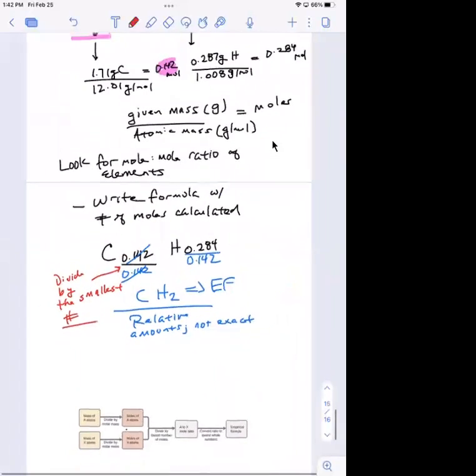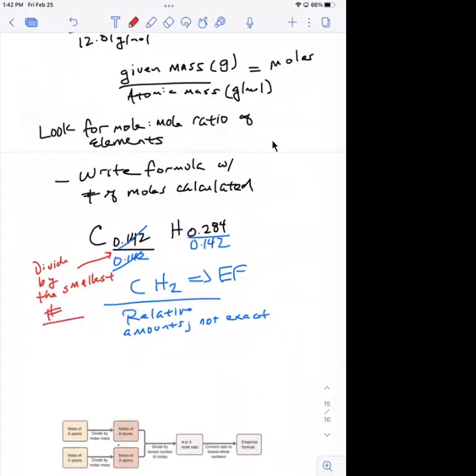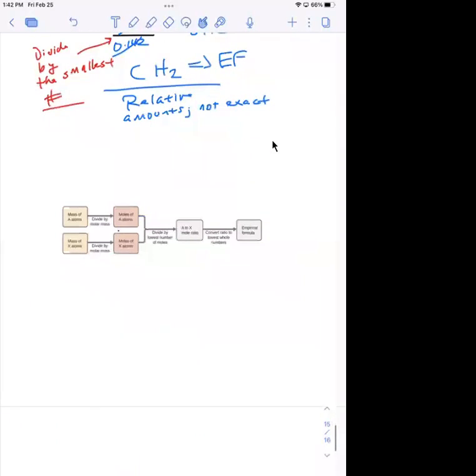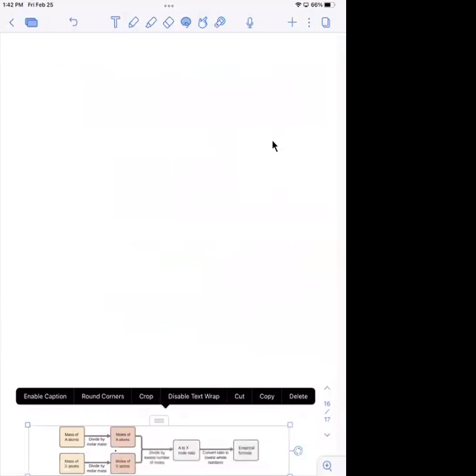So we divided both by 0.142. We ended up with the empirical formula CH2. And again, keep in mind the empirical formula is a reduced form of the molecular formula. So it's not the exact number of atoms, it's a relative number of atoms.